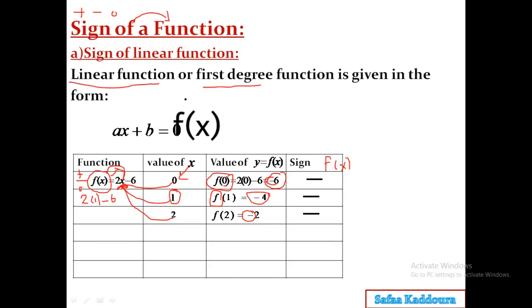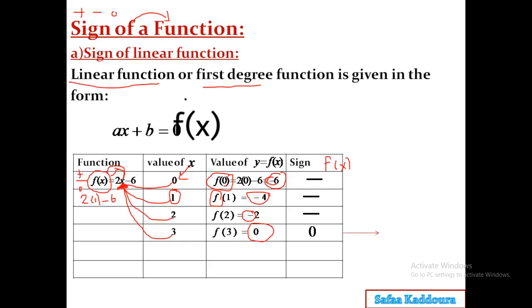Now we are discussing the sign of f when we substitute a certain x. Okay, let's continue. If x equals 3, then f of 3 equals 0. When x is 3 and we substitute it in f of x, the value of f of x is 0.